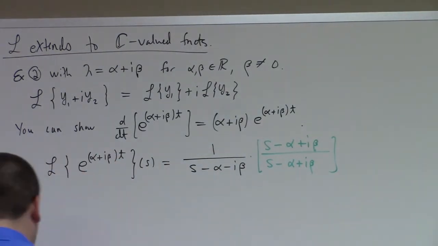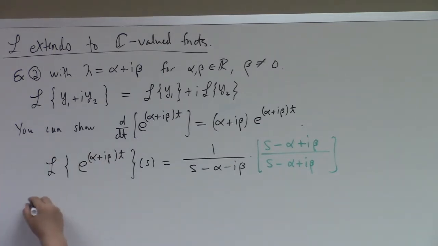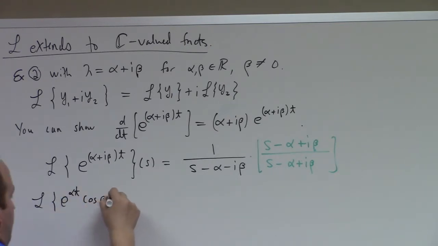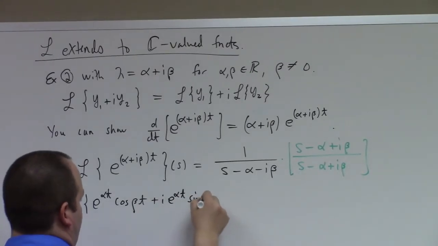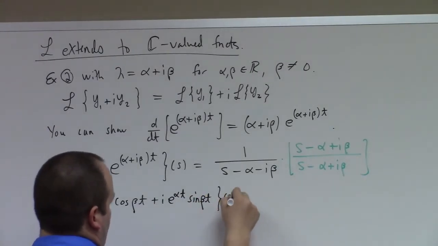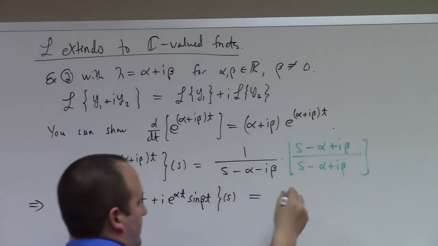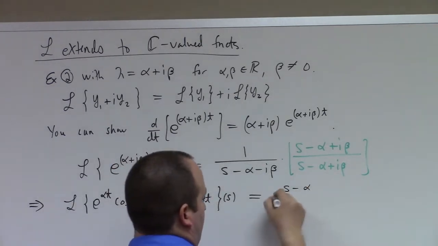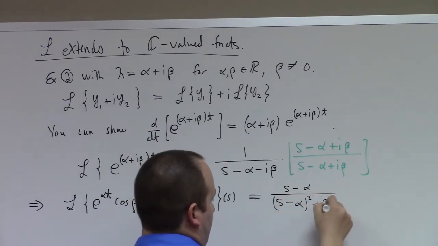And on the other side of this equation, this is really the Laplace transform of e to the alpha t cosine beta t plus i e to the alpha t sine beta t by Euler's formula, right? This gives me s minus alpha over (s minus alpha) squared plus beta squared.